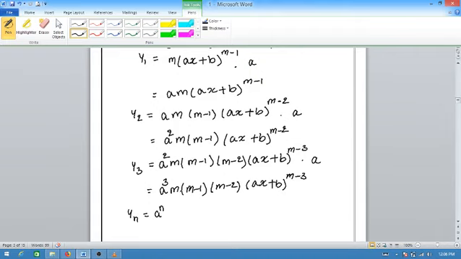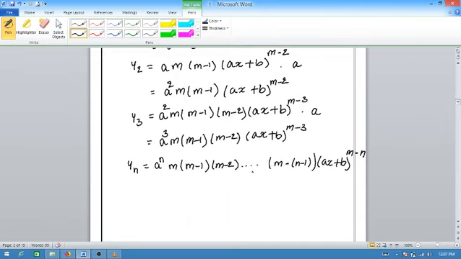Similarly, yn contains m into m minus 1 into m minus 2 and so on, up to m minus (n minus 1), into (ax plus b) whole raised to, so here y1 is raised to m minus 1, y2 is raised to m minus 2, y3 is m minus 3. So therefore it is m minus n. So this is the nth derivative for a polynomial.